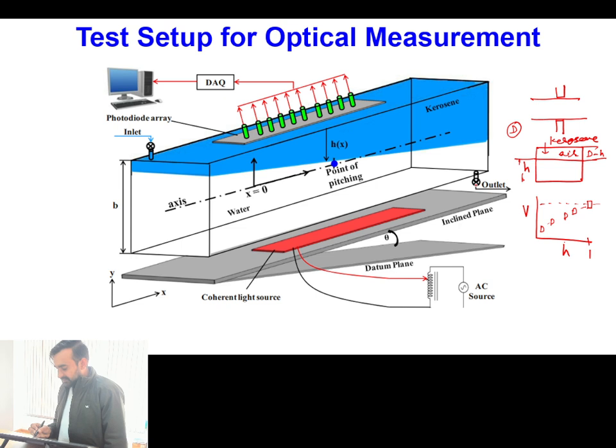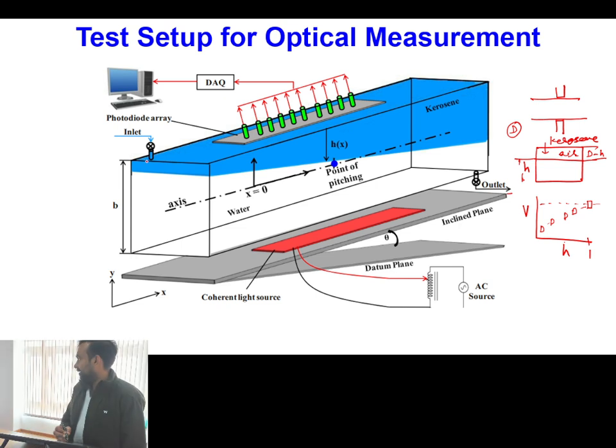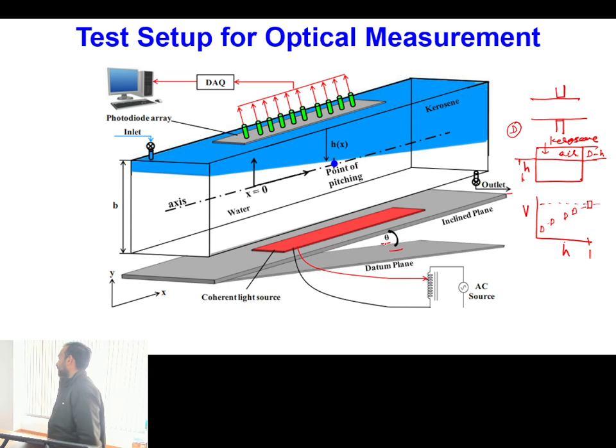This rectangular box has one outlet at this end and one inlet from here. Okay, and this rectangular box is placed on a platform which has provision for orientation at an inclined plane. So let's consider, at the moment, it is shown at an angle of theta.